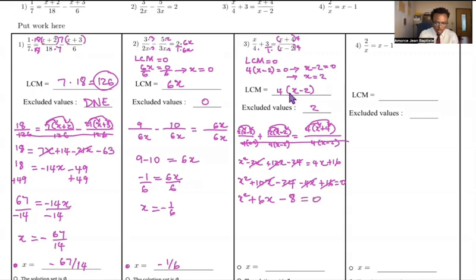Okay, so we can factor this. Two factors of negative 8 that the sum is positive. Let me make sure that we get everything right. That's negative 16. Should be negative 16.